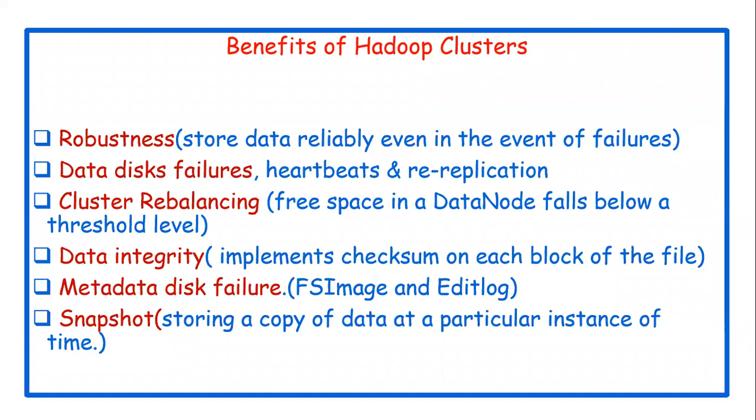At that time you have to change things, and we can't identify where the real data was. That's why we have to maintain a snapshot. The snapshot will guide us and support us to trace out and find the actual data information. That is called storing a copy of data at a particular instant of time.